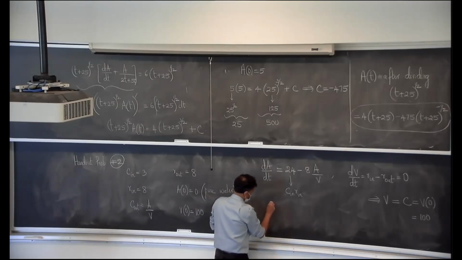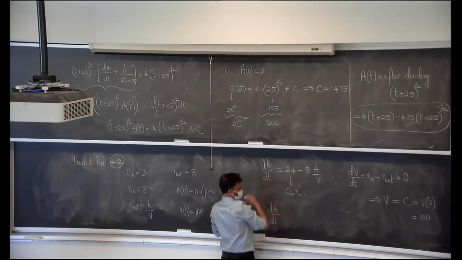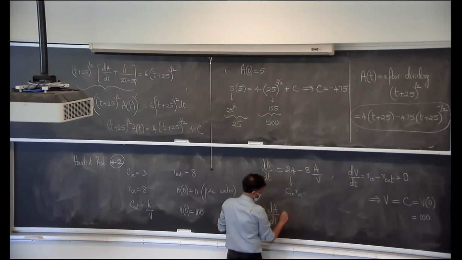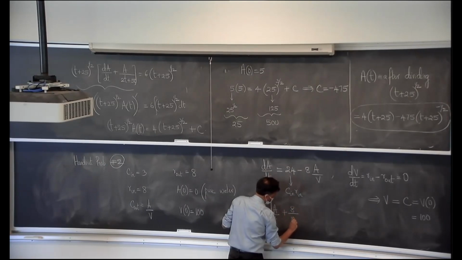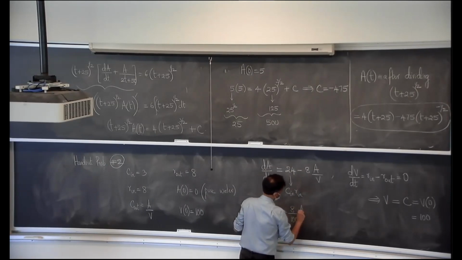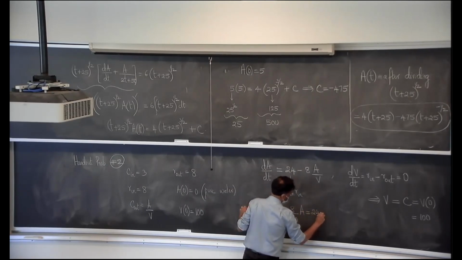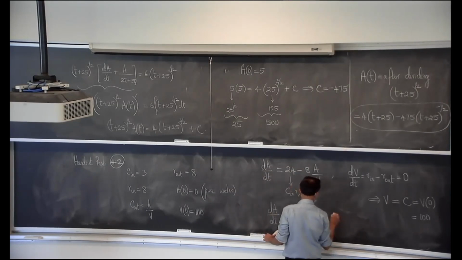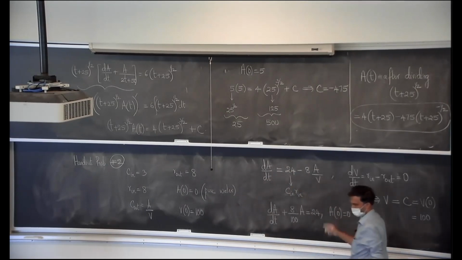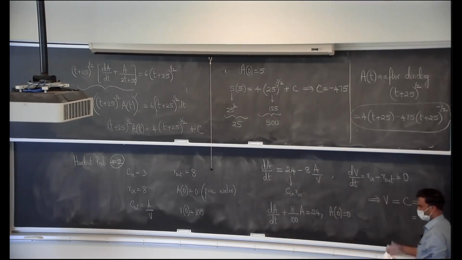So it's dA dt. Bring this to the left-hand side to get a standard form, plus 8 over 100 times A equal to 24, and A of 0 is 0. A lot of nice things happening here. First of all, R in and R out were the same. Second, A of 0 is 0. Of course, you cannot have C in equal to 0.